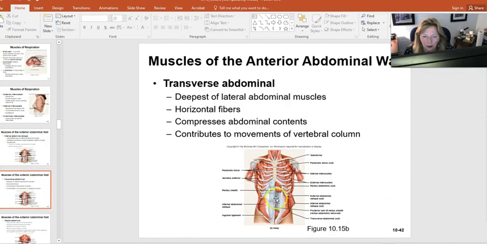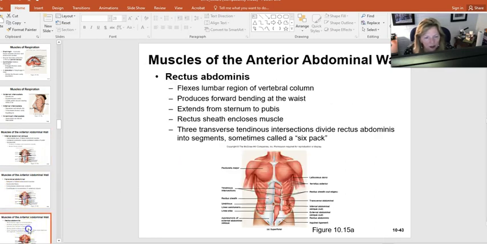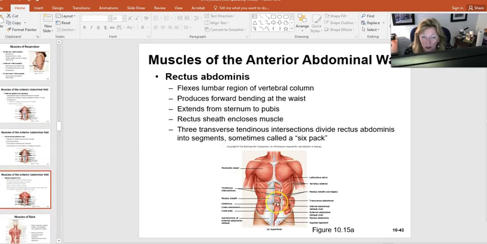These abdominal muscles, the rectus means straight. Rectus abdominis are the muscles that we think about as the washboard effect that you can see on people who are very, very fit and thin enough. You can see the rectus abdominis.